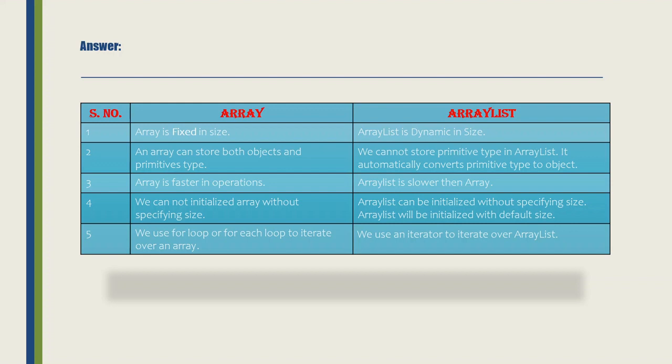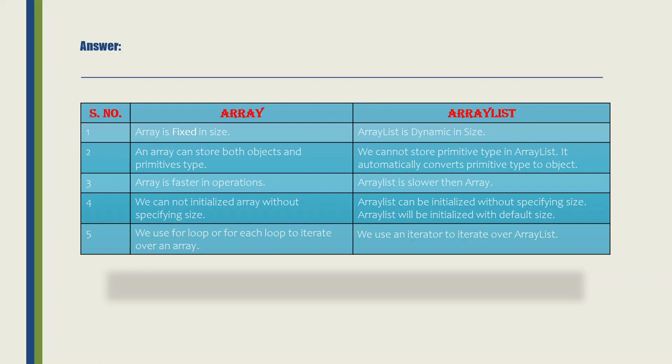Now as array is a fixed size, it is faster in operations, whereas array list needs some time while it increases its size dynamically. So that's why array list is slower. And there are other differences also, like we can initialize array list without specifying a size.